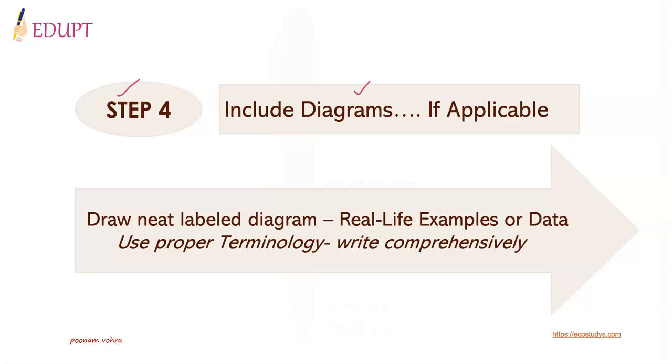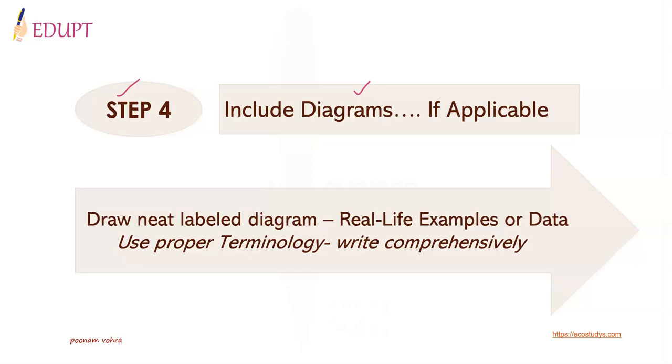And in case you are required to provide an example, use real-life examples or data to support your point. For example, you need to mention India's GDP growth when you are discussing macroeconomic policies. So it is possible to include data here and you must provide the source of data.